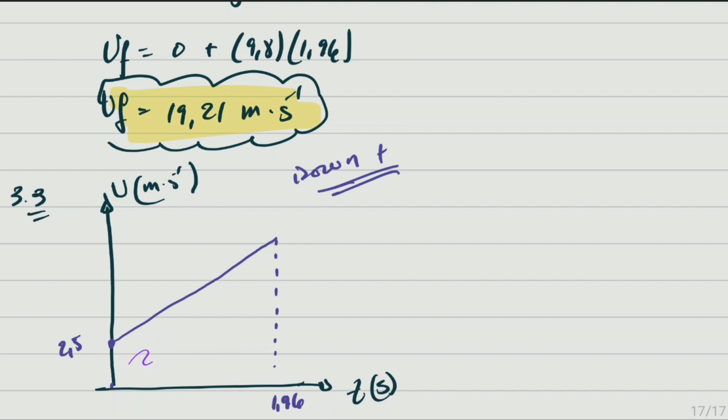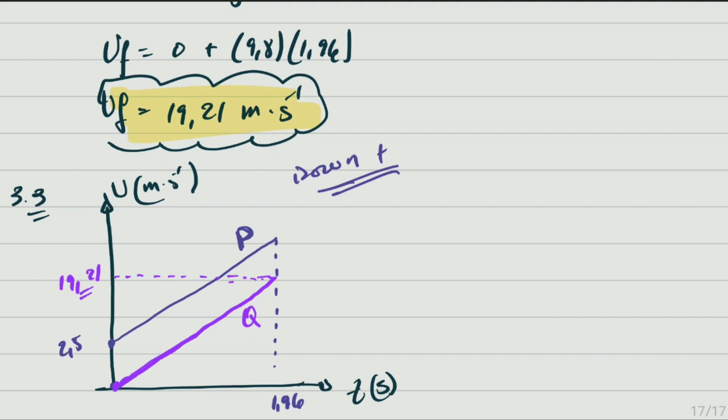Now ball Q was dropped, so starting from 0 and is moving all the way parallel to this one up until also the same time, because that is the time taken for both balls. But they say they want to know what is the final velocity or speed of this ball Q, and that one is going to be 19,21. It was calculated there. This one here is Q, this one here is P, and with this, guys, we are done with question 3.